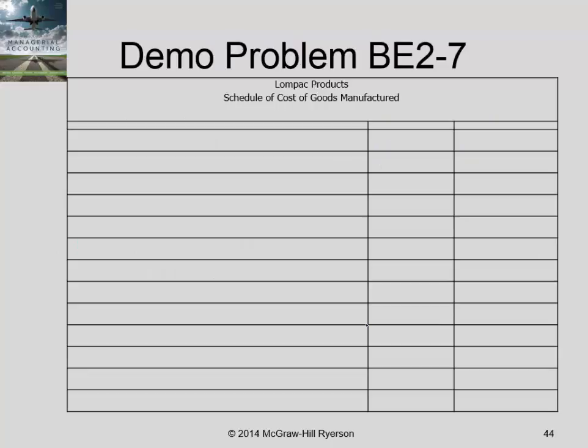Okay, so here's our demo problem, and we are looking at brief exercise 2-7. It is on page 49, and it's for Lomac Products, and you're asked to prepare a schedule of cost of goods manufactured for the company for the month in good form.